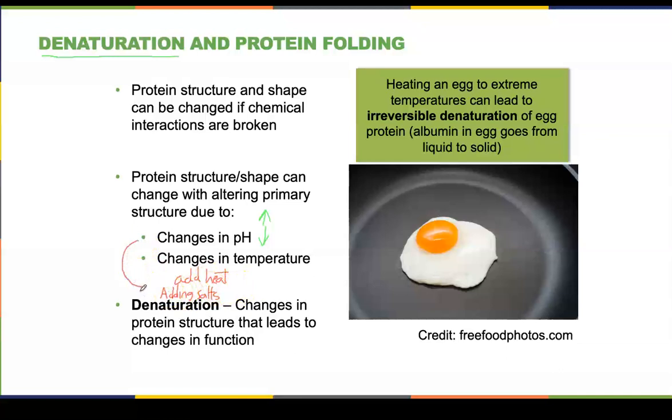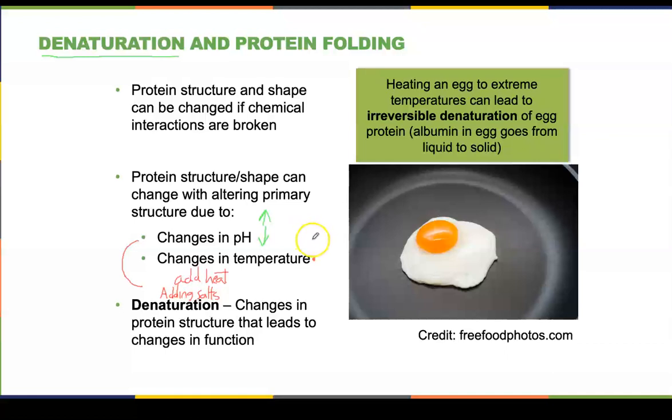So we do this all the time when we are trying to preserve food, for example. When we make pickles, we're trying to stop bacteria from eating the pickles or reproducing on them. And so we do a few things. First, we heat the pickles, and so that's going to change the temperature and disrupt proteins and bacteria.